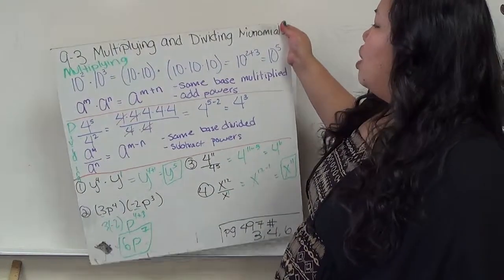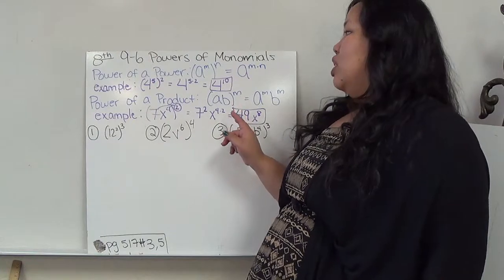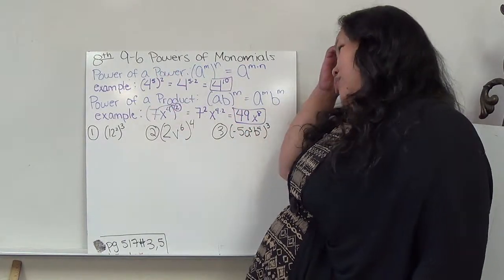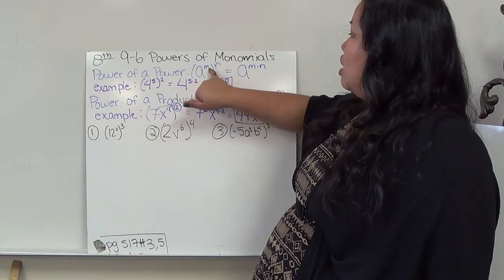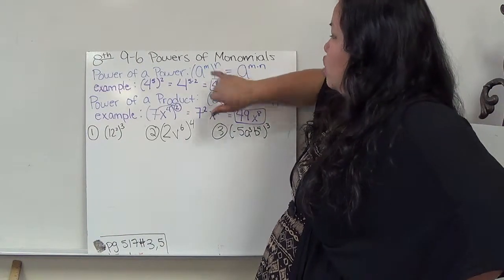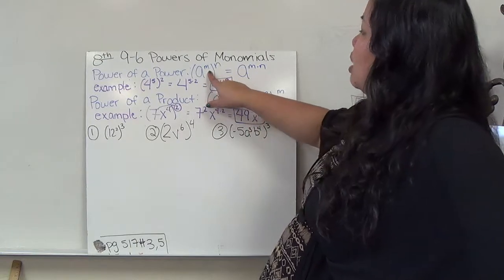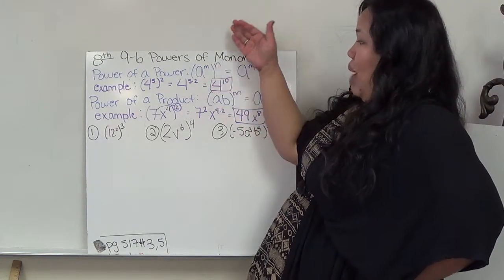Well, what we're dealing with here is two different types of multiplication: power of a power and power of a product. So what happens if I have an exponent to an exponent? Instead of a^m times a^n, it's a to the power of the power.